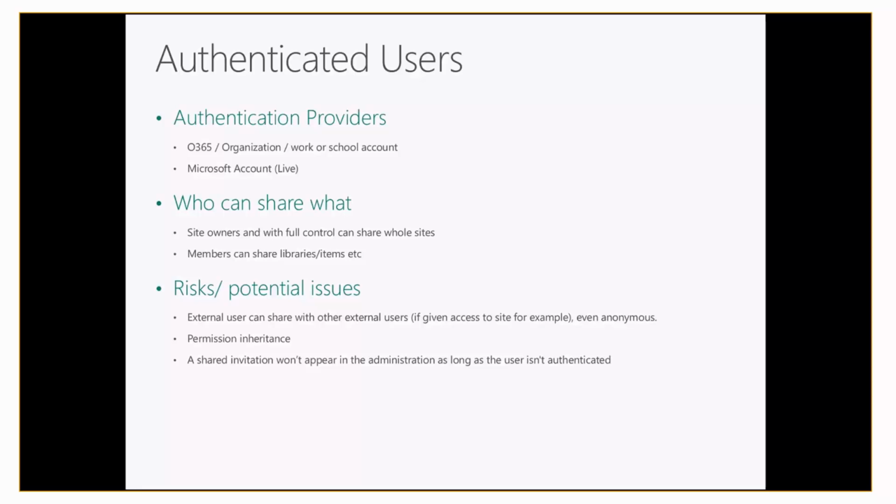And then you also have Microsoft accounts. This is the live account that we all know. There are some catches here that we will need to understand. Let me just give you a little bit of a step-by-step when you're inviting by email. Basically, the link is going to be different when you invite.